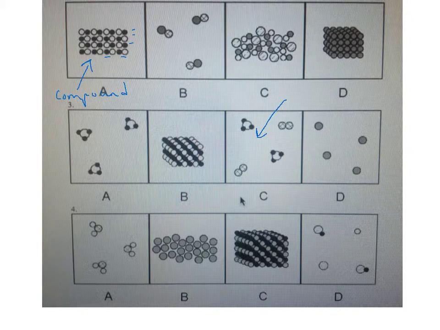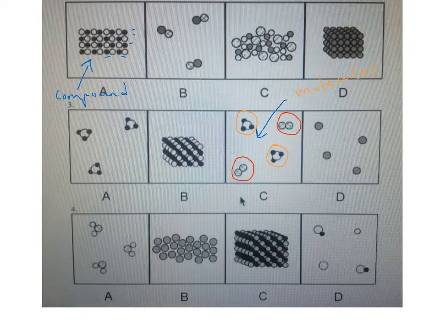The two that I'll circle in orange here, these two are compounds because we have different particles that are combined, but we could also call those molecules because by definition a molecule is two or more atoms that are combined. And then with what I'm going to circle in red, the other two particles, those are the same particles.